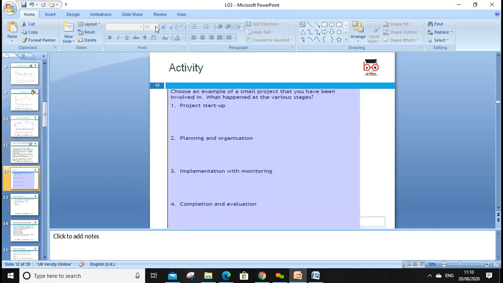Then we can look at an example of a small project and its start. Let's choose room painting, which is one project. We can say when the painting starts and when it finishes. What planning is required? What color I will use, when I will start, the quantity, the surface, how to mix, how thick it needs to be.